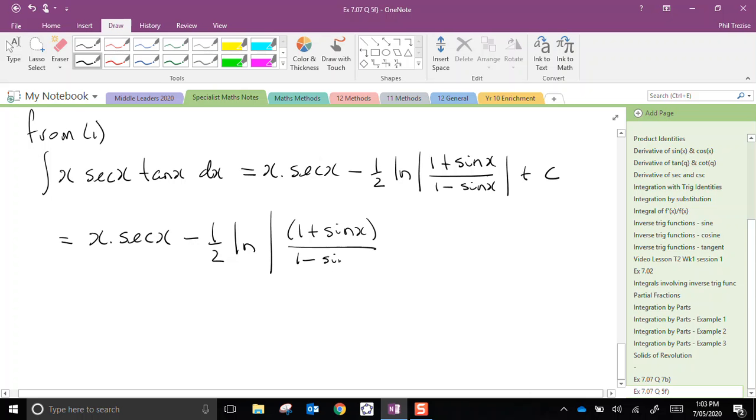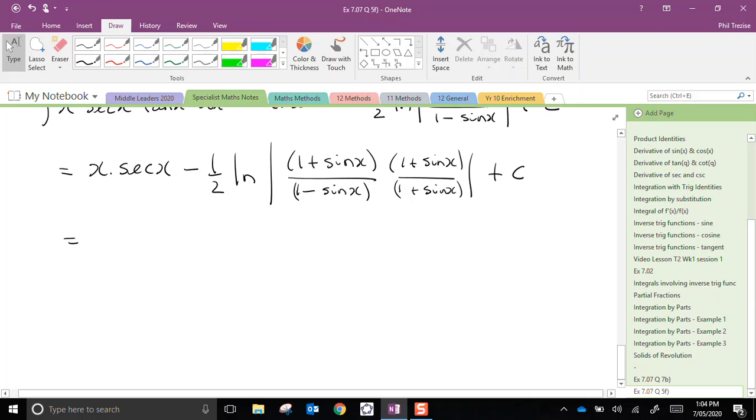We have 1 plus the sine of x over 1 minus the sine of x. What if I multiply both top and bottom by 1 plus sine of x? And again, you'll probably wonder, why on earth would we do such a thing? It'll become clear in a moment.